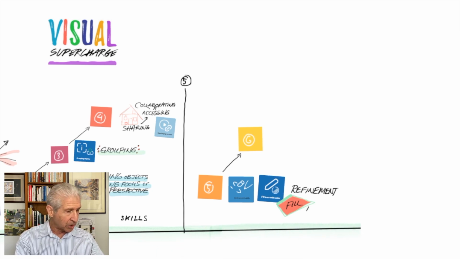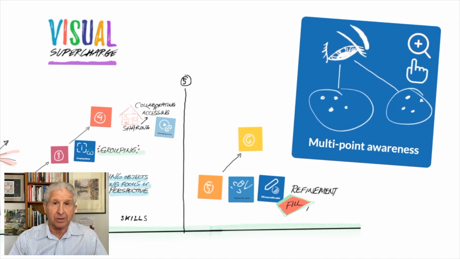So you're looking at the images, you're looking at the tools, you're watching what people are doing. So you have to have a multi-point ability to focus, or a multi-point focus.